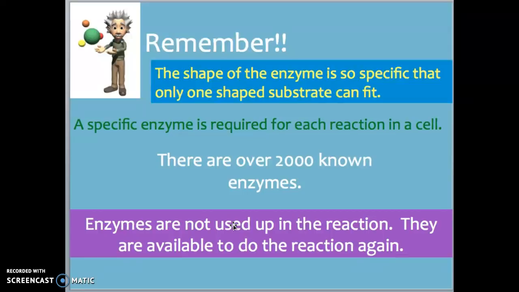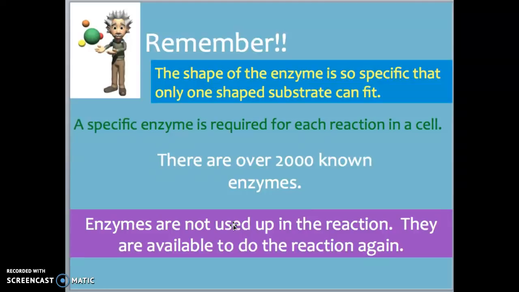So remember that the shape of the enzyme goes back to the chain of amino acids being very specific for that specific enzyme. It gives it a specific shape that only fits one certain type of substrate, and that's what maintains the control that your body has over regulating that chemical reaction, is that you only make enough enzyme that you need to catalyze that reaction, and that enzyme only works on that specific reaction.